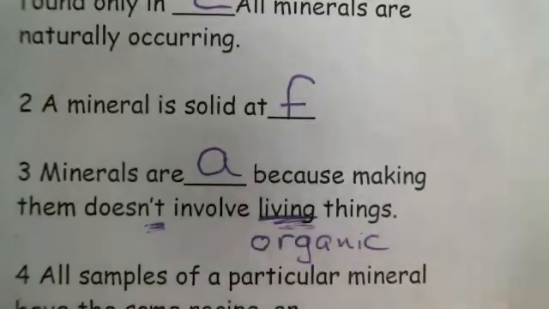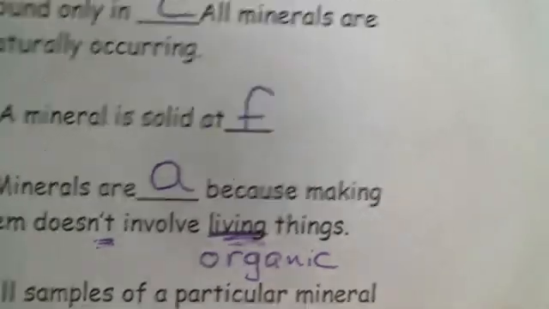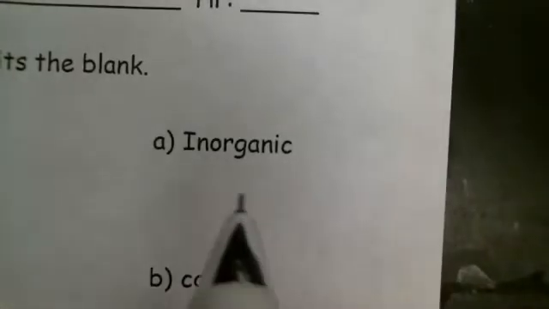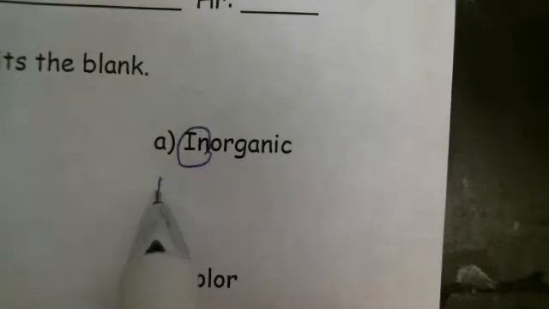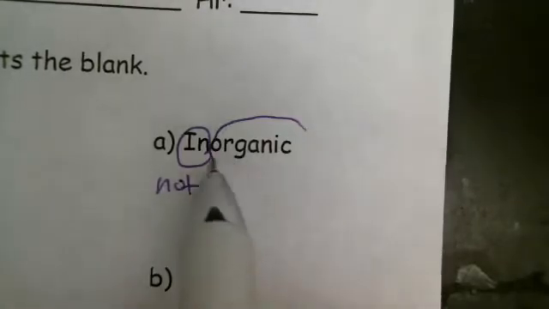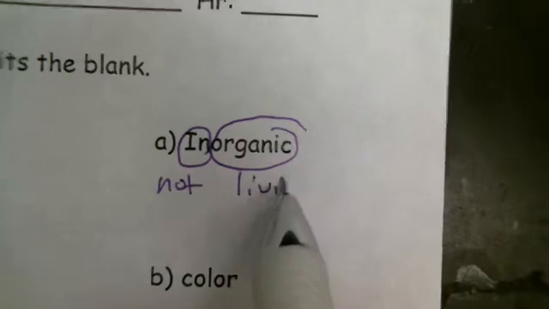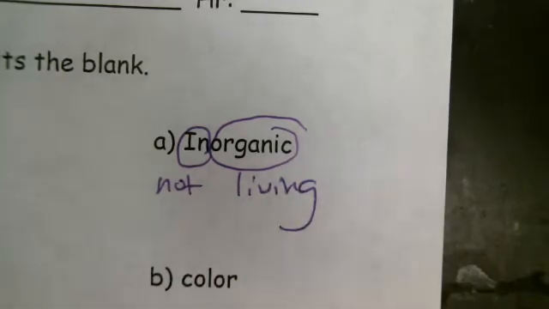That's option A. Looking over here at the word, the IN means not, and then the organic means living. So these are chemicals that are not made by living things.